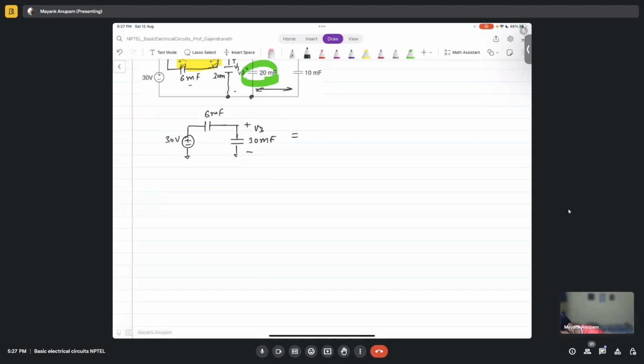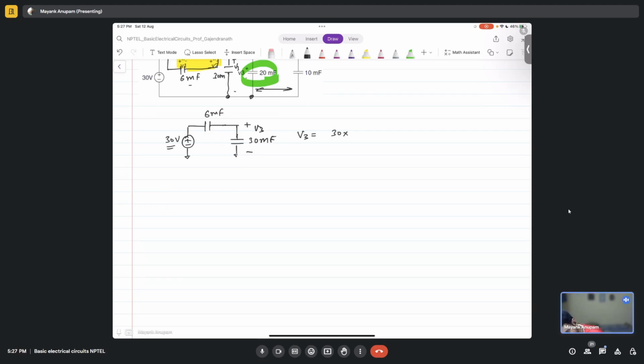So 25 volts. How did you come up with that? 30 multiplied by 30 divided by 30 plus 6. V3 is equal to 30 multiplied by 30 divided by 36, or the other way around? Sir, it should be 30 divided by 36.